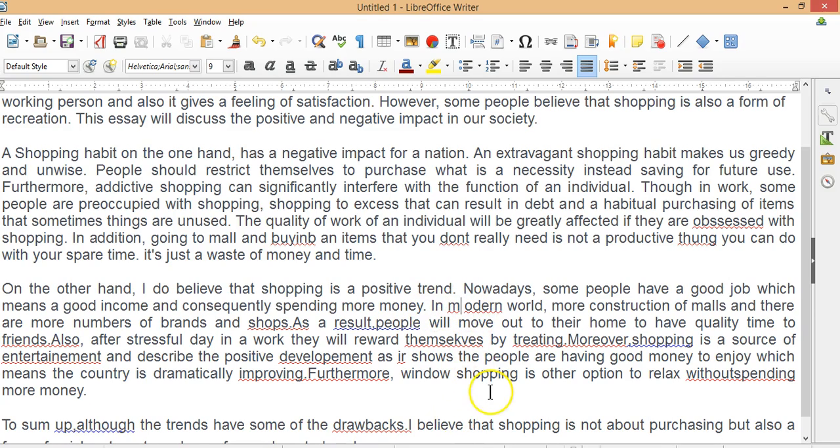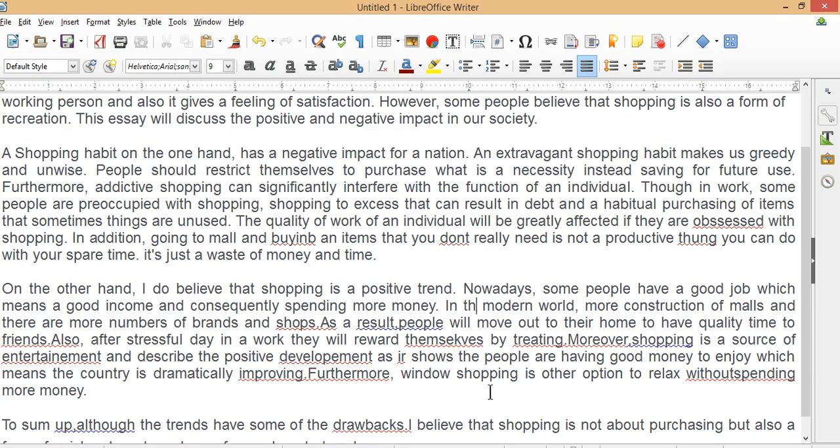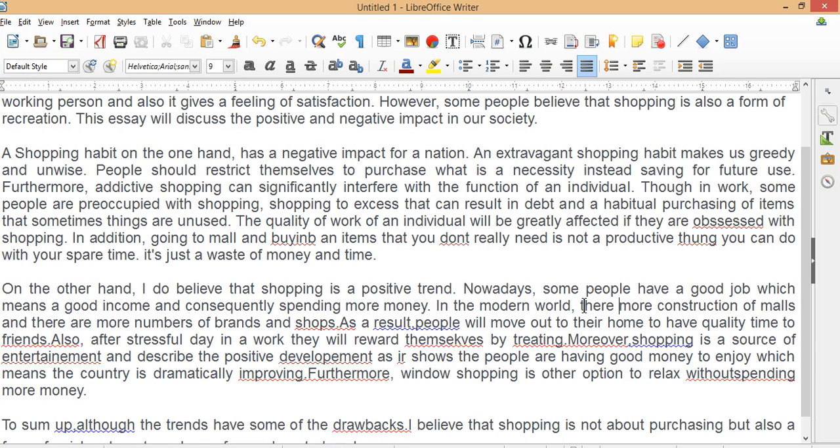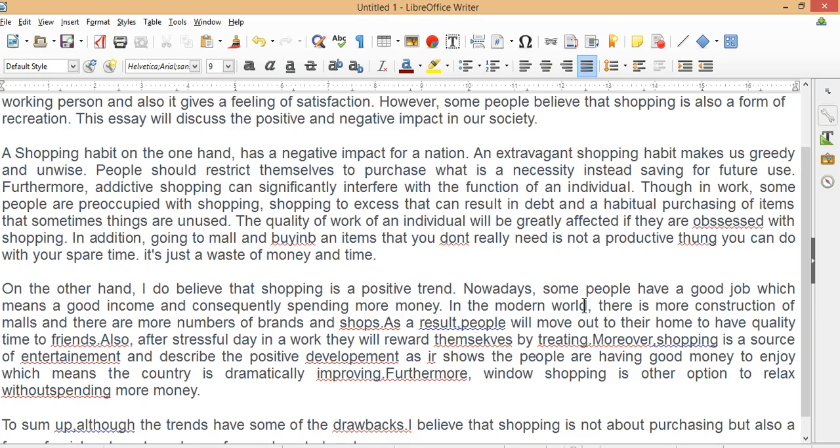Okay, in modern world, well, we need an indefinite article here because it's a particular world. In the modern world, there is more construction of malls, and there are more numbers of abandoned shops.